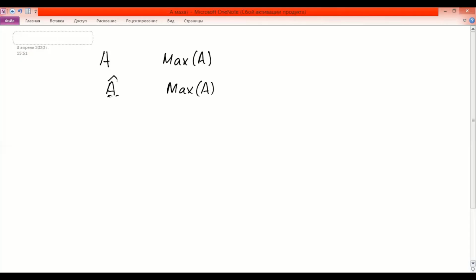So A hat consists of all non-zero characters of A. And the bijection takes each character chi to its kernel.